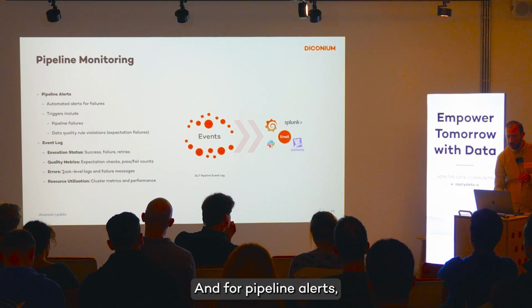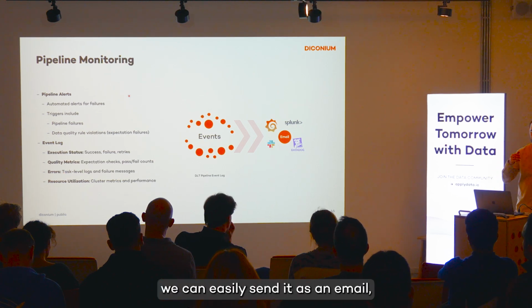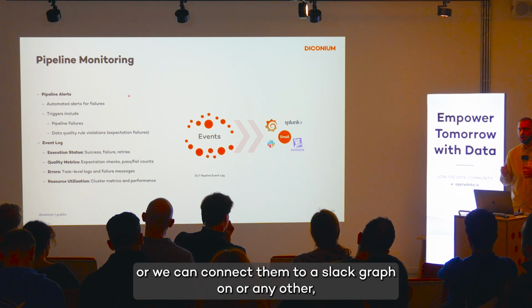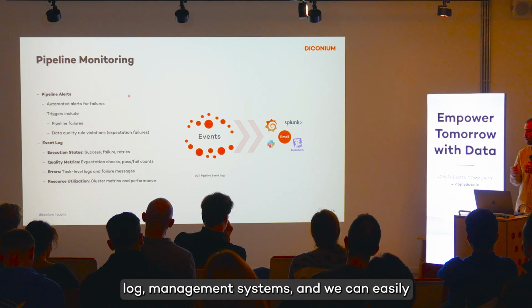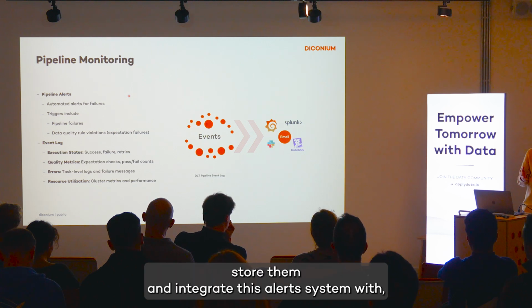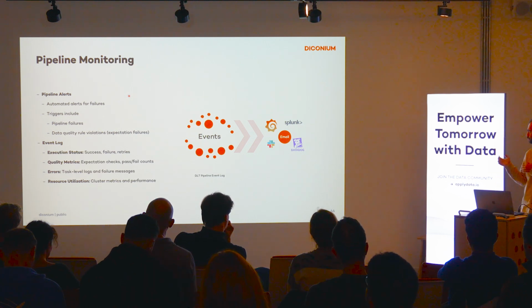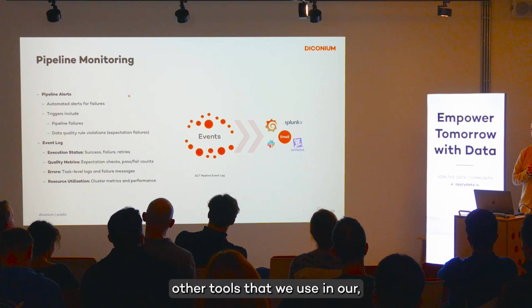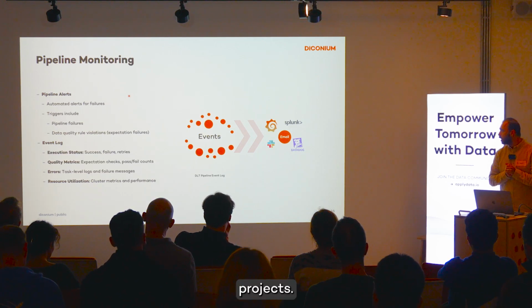And for pipeline alerts, we can easily send them as an email, or we can connect them to Slack, Grafana, or any other log management systems, and we can easily store them and integrate this alert system with the other tools that we use in our projects.